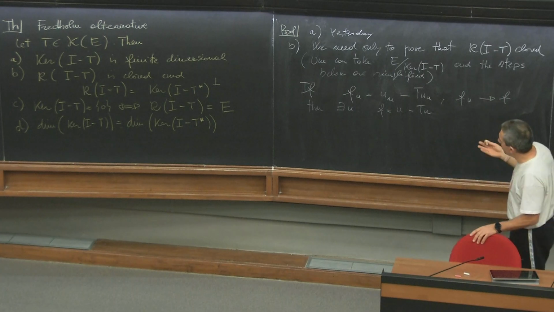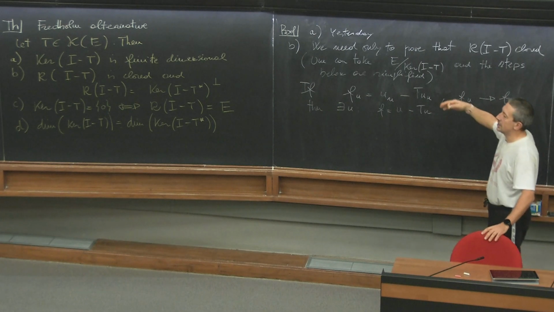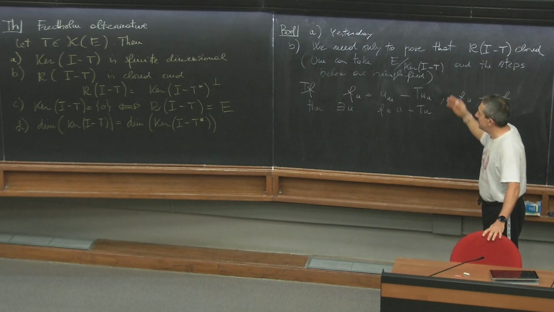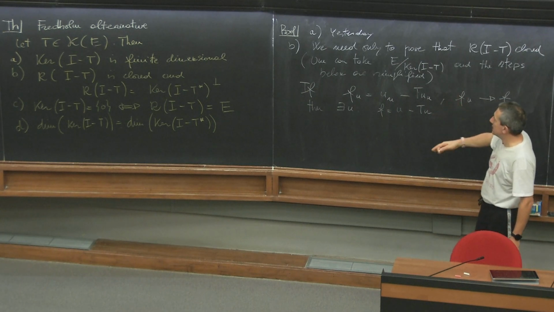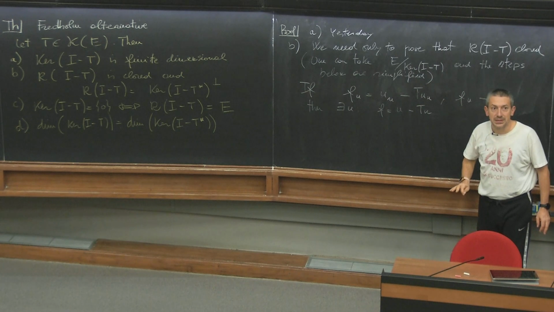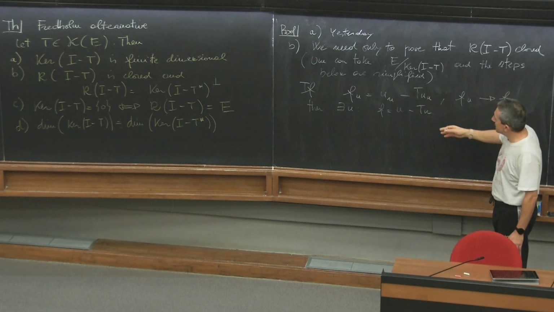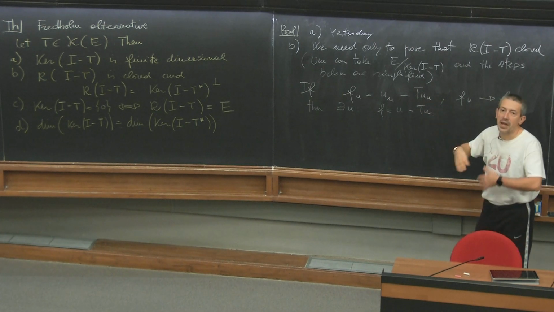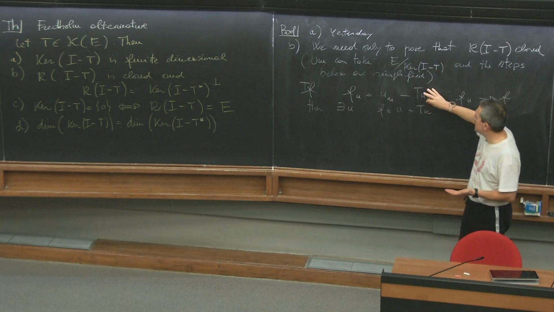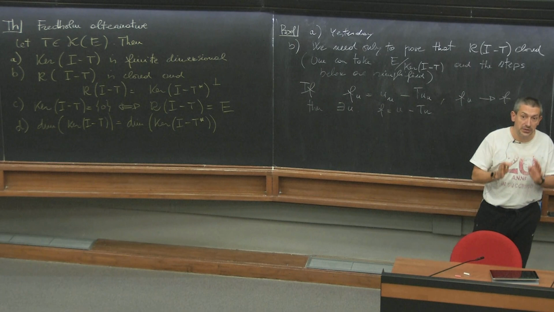So what is the problem now? The problem is that if the kernel is not 0, then I cannot infer that un is bounded. Okay? So the key point is to show essentially that you have a family of un satisfying this relation, which can be taken with uniformly bounded norm.